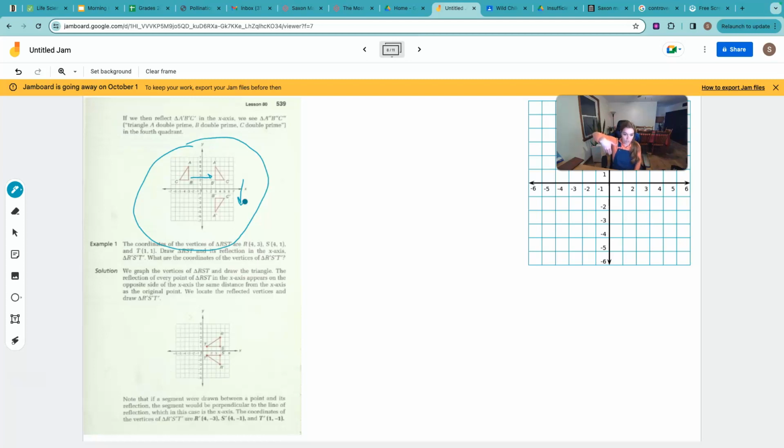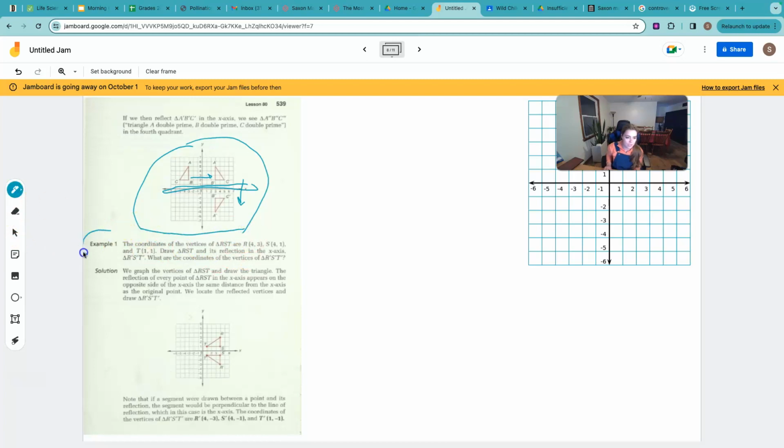It's a vertical reflection across the x-axis, and it's been slid, right? So it is a reflection and a translation. You can say it either way. You can say that it's been reflected first, or you can say it's been translated first. Either way, it's right. Okay.